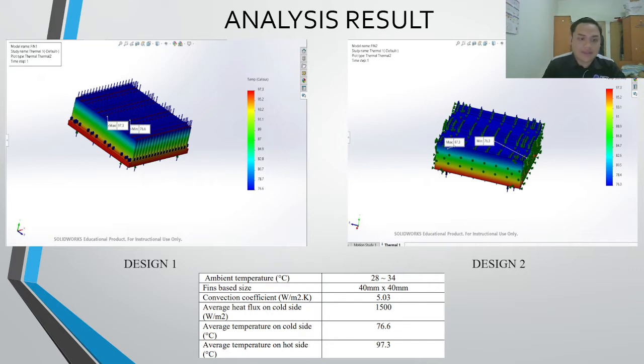As you can see, design 1 shows a maximum temperature of 97.3 and a minimum temperature of 76.6, while design 2 shows a maximum temperature of 97.3 and a minimum temperature of 76.3. The hot side area shows the red color and the cold side area shows the blue color.